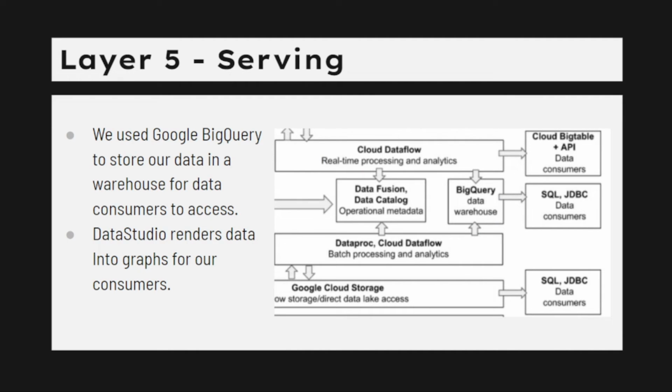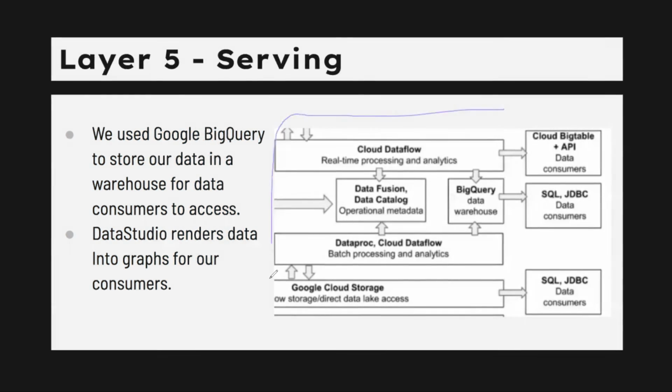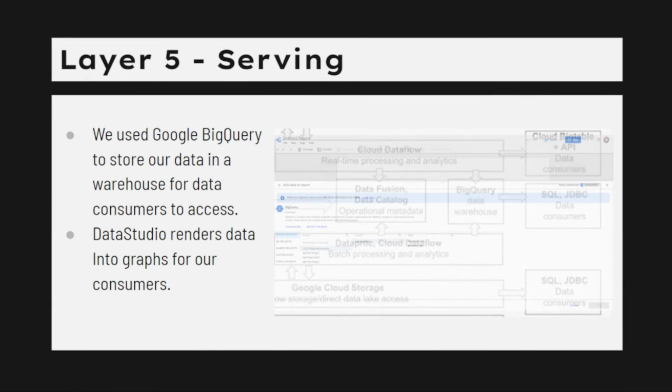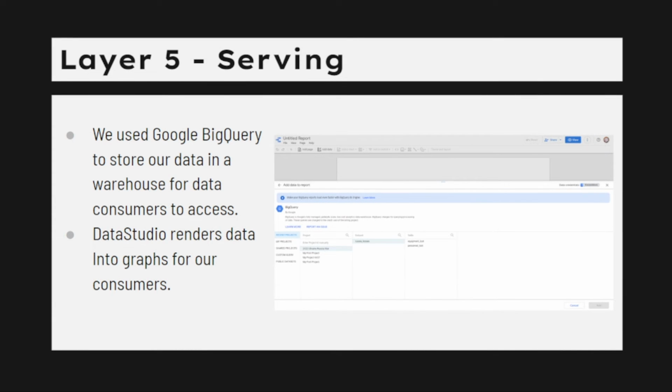Layer 5, Serving. As you can see from the picture itself, this part is considered layer 5. So we used Google BigQuery to store our data in the warehouse for the data consumers to access. Data Studio renders the data for our consumers. It creates graphs that we can use to analyze the data.